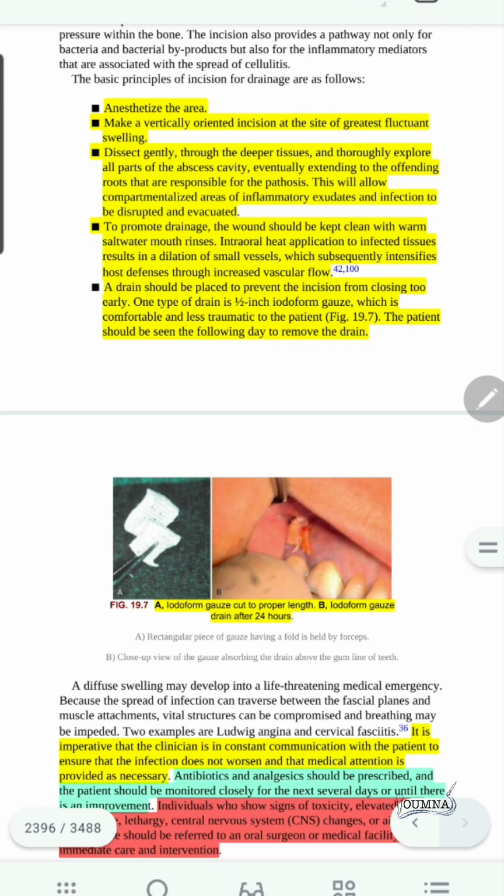Use clean, warm salt water to rinse the site, and use an intraoral warm gauze to press the swelling from the inside.